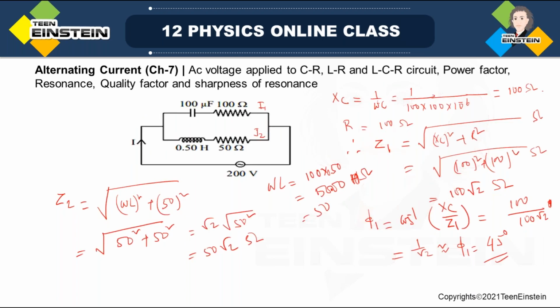So I2, let me write 20, sorry, 200 by Z2, that is 50 root 2.